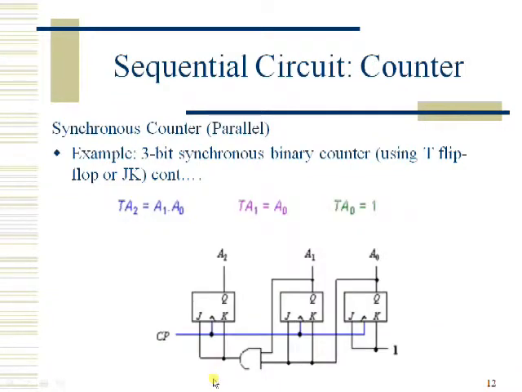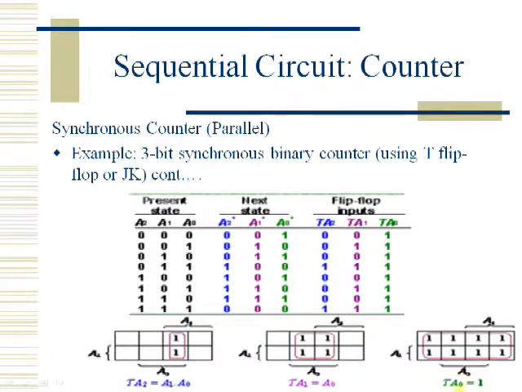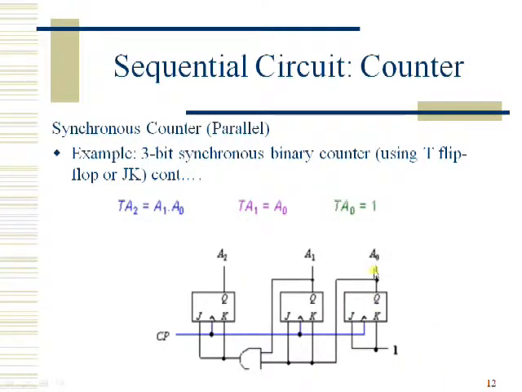Let us see how to implement the diagram. Here the initial JK flip-flop input should be tied to logic 1, as we have seen that TA0 is 1.